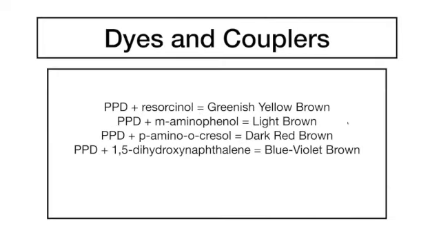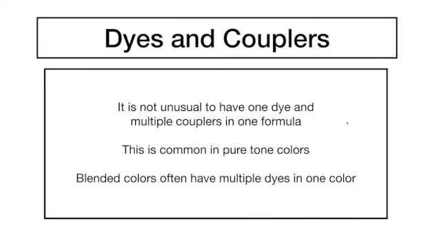It's not unusual to have one dye and multiple couplers in a formula. That's what I was talking about when you wanted to create a neutral brown. You use PPD, but then you change the concentration depending upon the level that you want, and then you add multiple couplers, a warm one, a cool one, in order to create a perfect neutral formula.